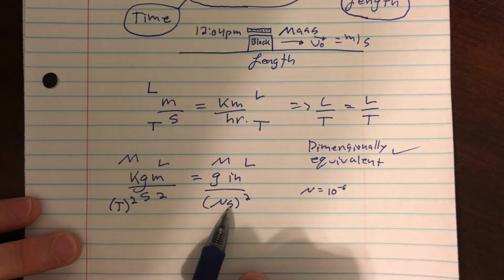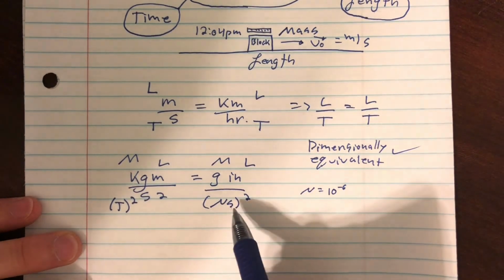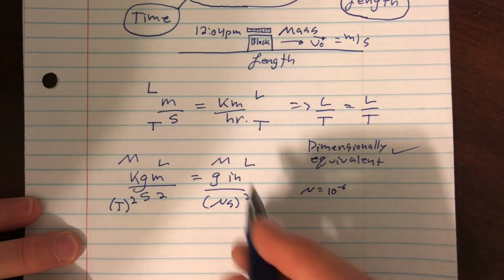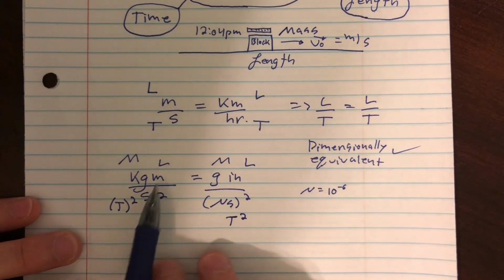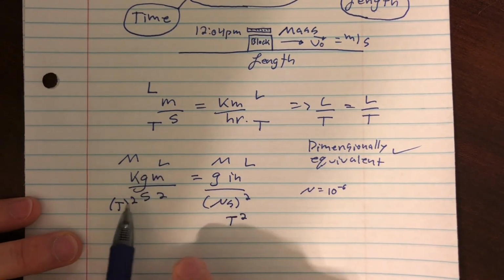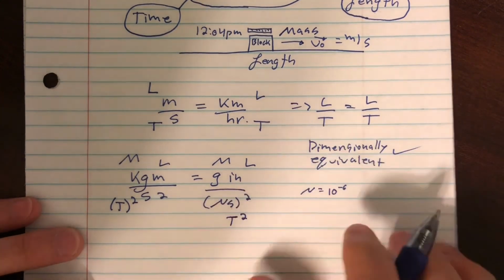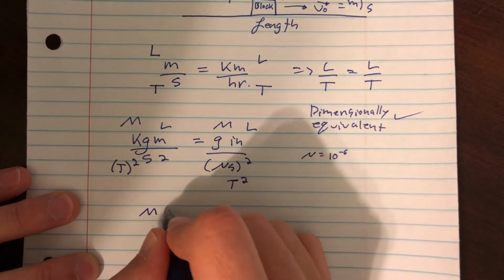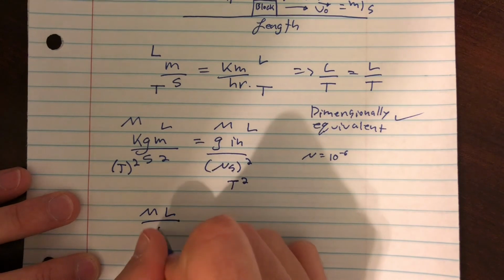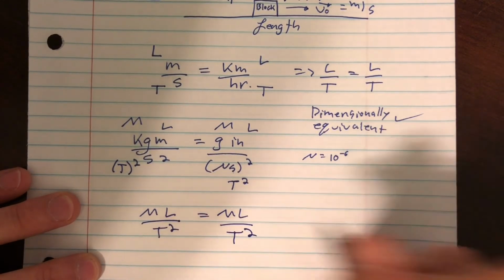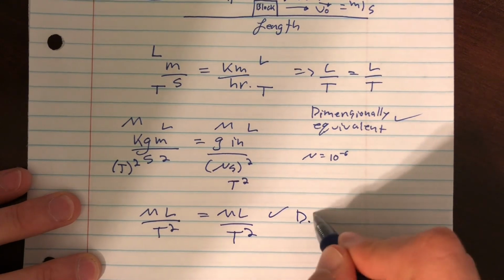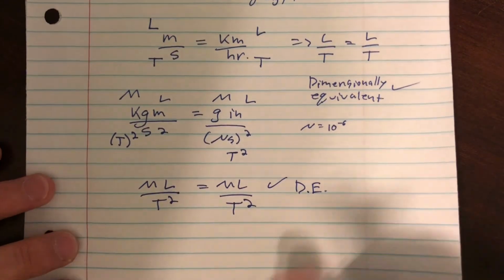Seconds, that's just seconds, so it's a unit of time, and this is also a unit of time squared. Okay, cool. So I have mass times length over time squared. Here we can even write that all out. Mass times length over time squared equals mass times length over time squared. Okay, sweet. So those are dimensionally equivalent.